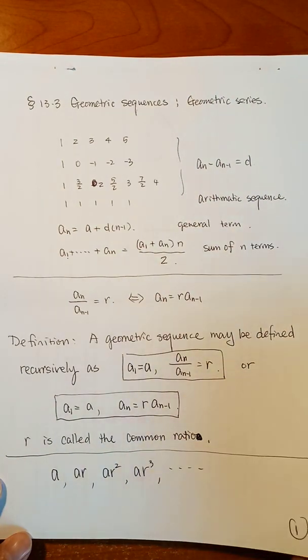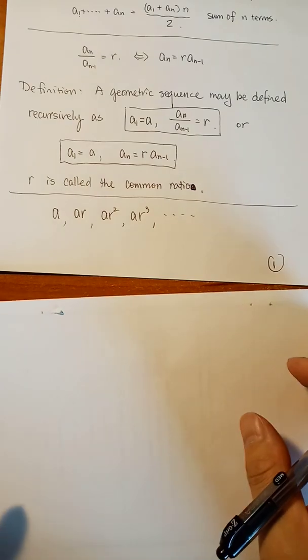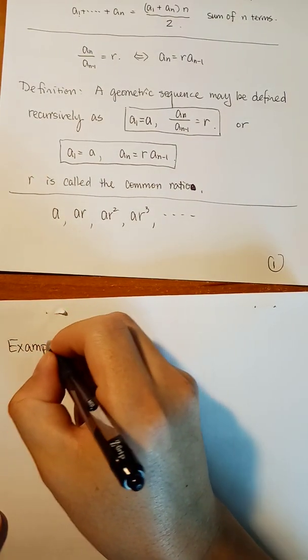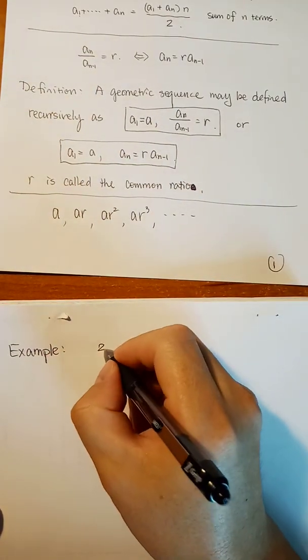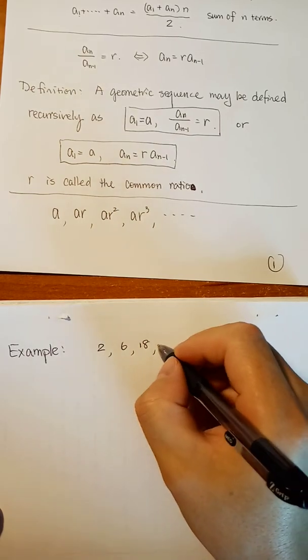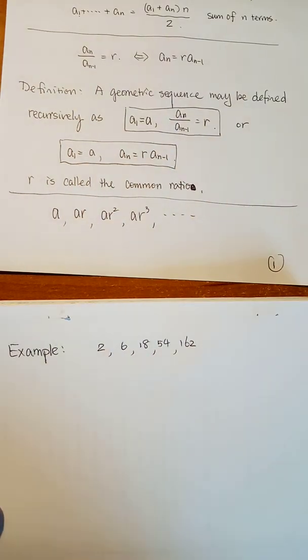Let's see an example. Assume we have this sequence: 2, 6, 18, 54, 162.